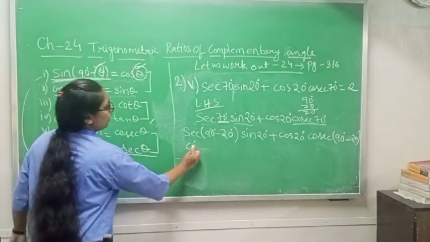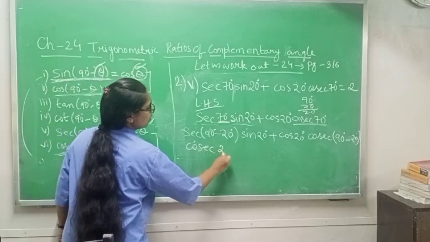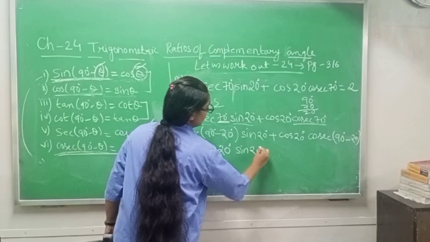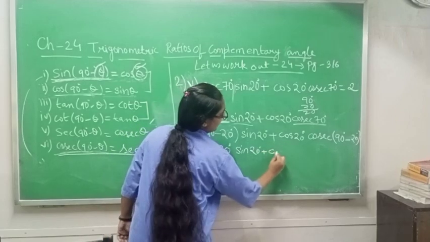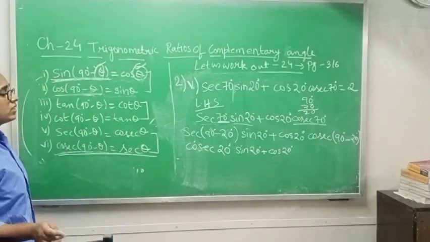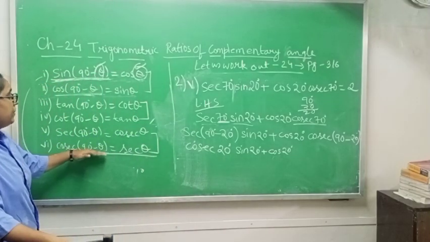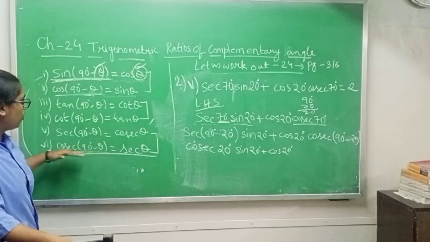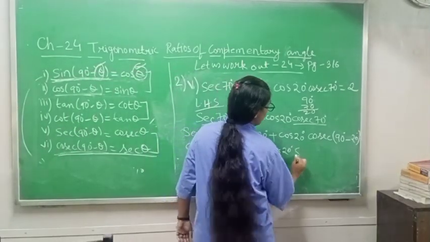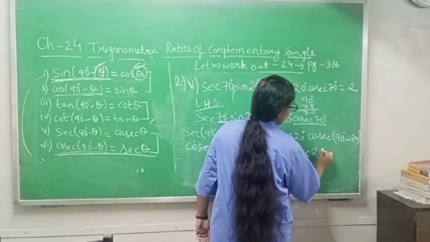So what will you write? Cosec, and theta is how much? 20 degree. And this one I will write sin 20 degree as it is. This one I am writing cos 20 degree. Now see, cosec 90 minus 20, cosec 90 minus theta. These both are equal, so cosec will change into sec. It means that we will write here sec 20 degree.